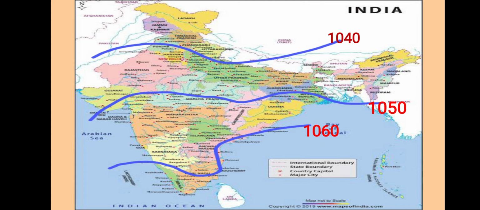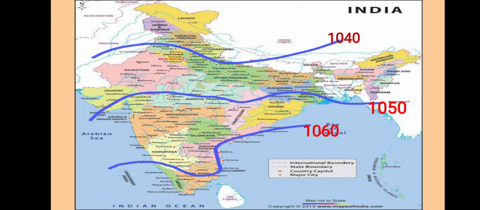If Mumbai, Pune, Nashik, Aurangabad, all these places have the same air pressure, then we join these places with one line in a map. That line is known as isobar. Understood this? Every time isobar is shown in blue color. Okay?